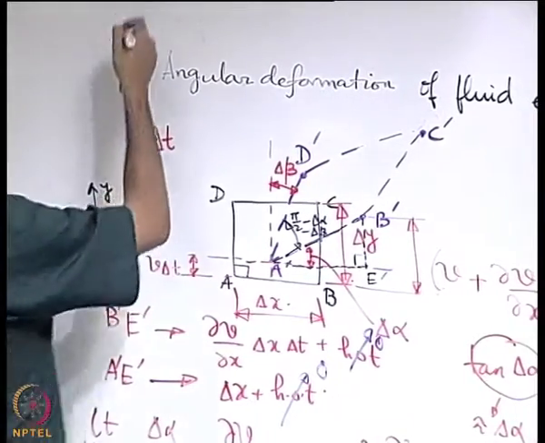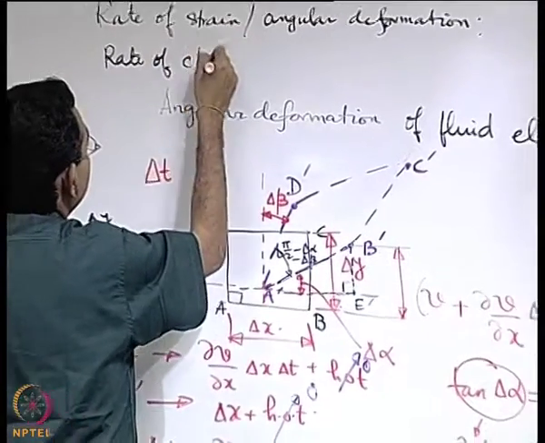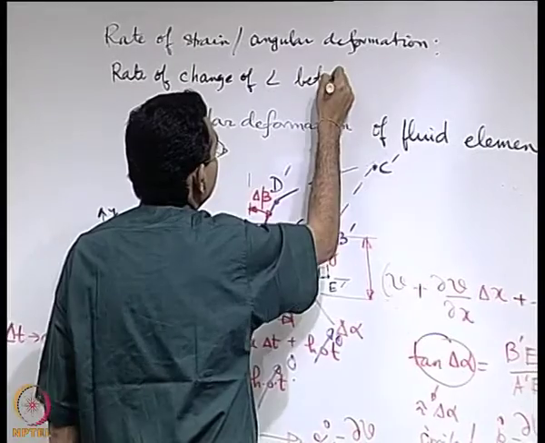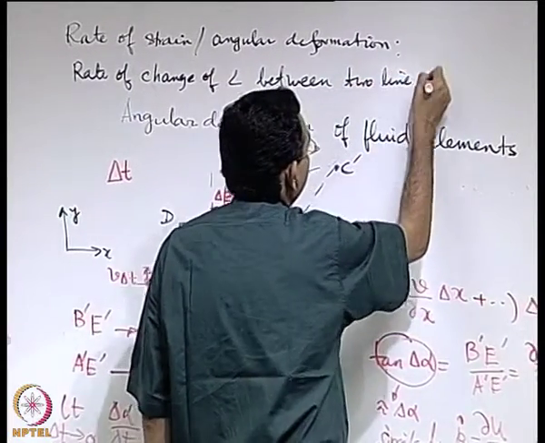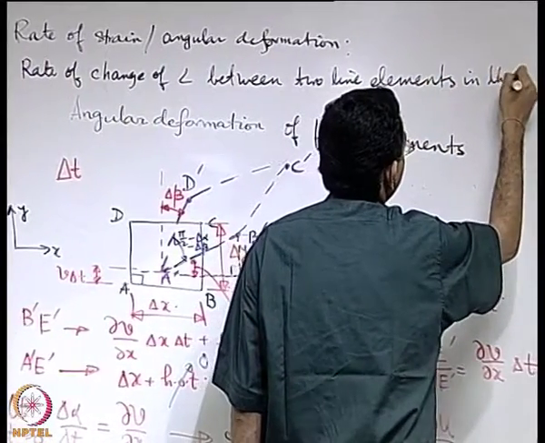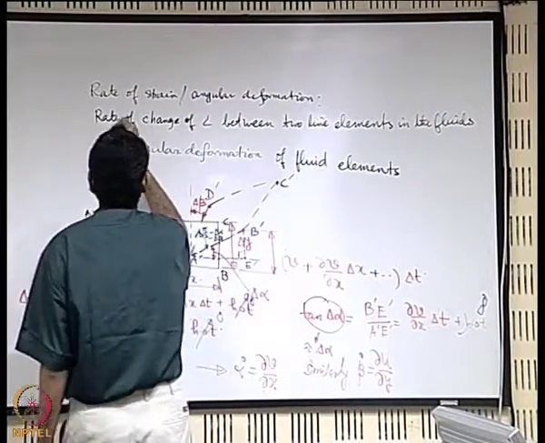So, what we are interested to find out is the rate of change of angle between two line elements in the fluid which were originally perpendicular to each other.